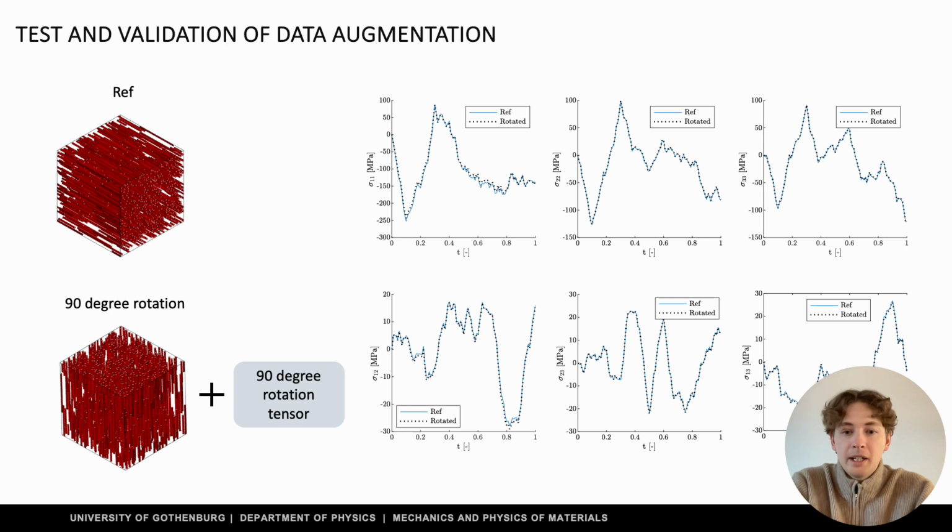Then we can compare the outputs of the original and the rotated simulations, and we observe that they yield the same mechanical behavior, confirming that our data augmentation process preserves the material response. This consistency is crucial, as it ensures that our augmented dataset is as reliable as original data. There are small differences in the output paths, which is due to the stochastic stacking algorithm of the fibers.